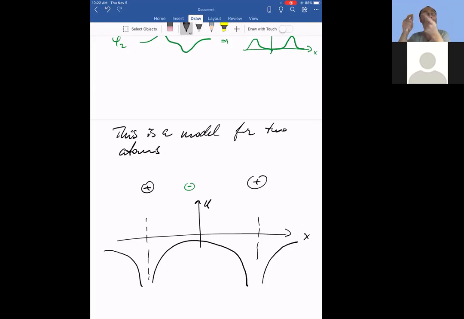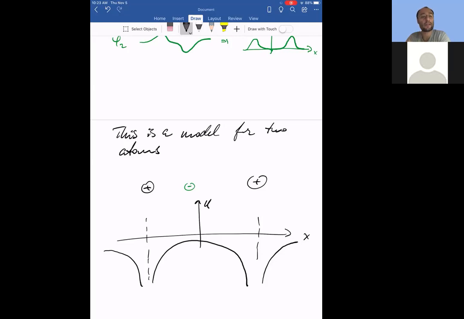Each electron also feels repulsion from the other electron. For some really interesting reasons, we can get most of the answers, energies, wave functions, correctly without having to worry about electron-electron repulsion. It's called a non-interacting theory, where we ignore interaction between electrons. And therefore, when we look for wave functions, we will look for a single electron wave function. And each electron will be described by a single electron wave function.